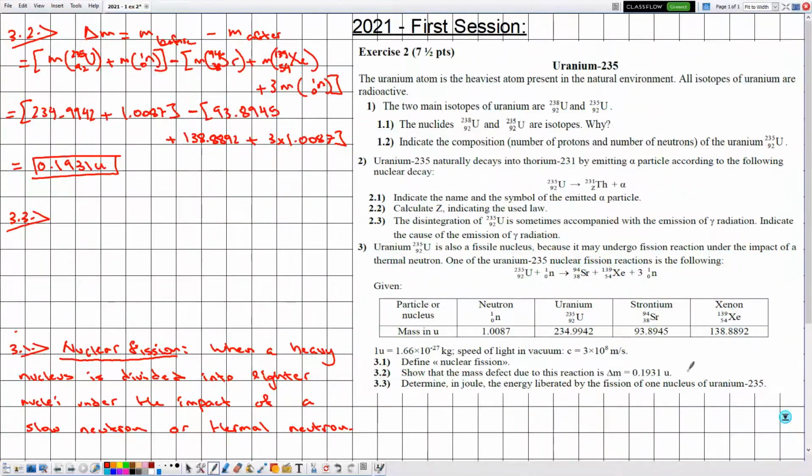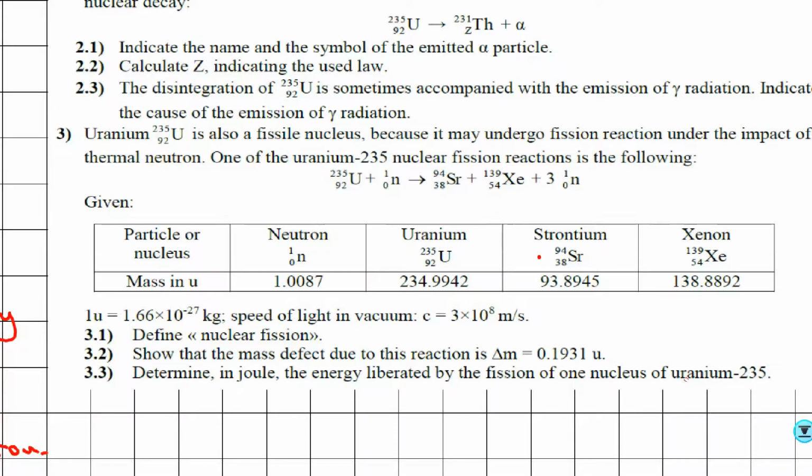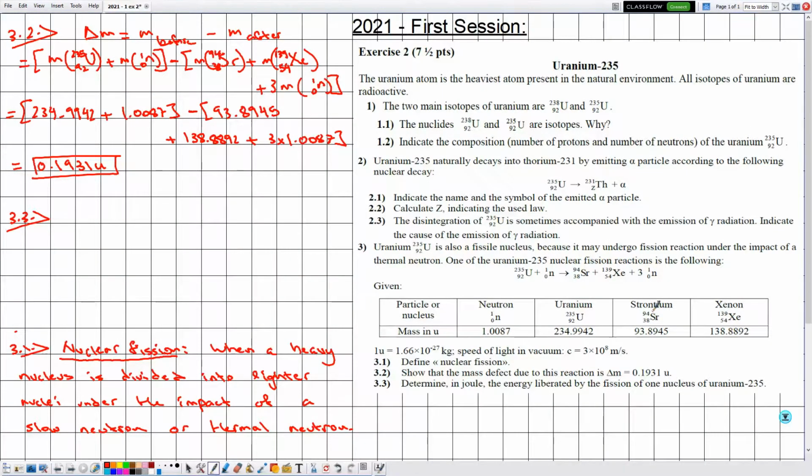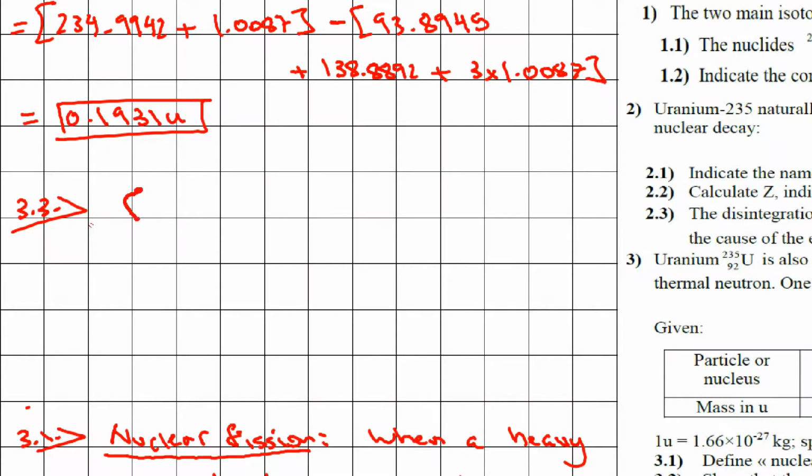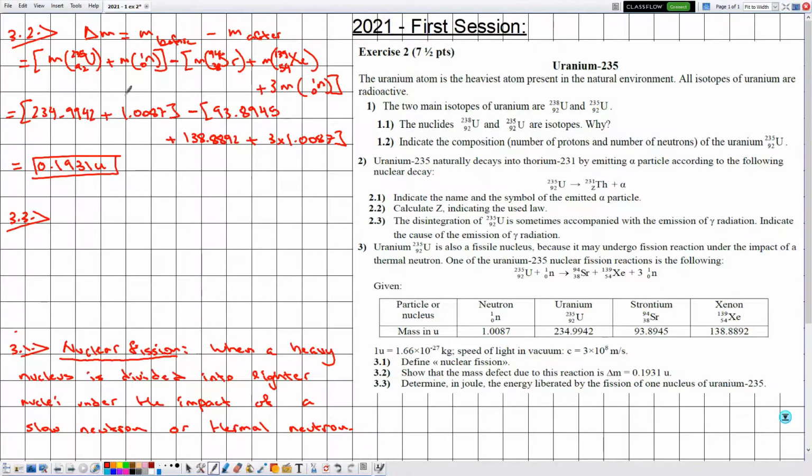So actually we need to determine the energy liberated due to this mass, and this can be done using the mass energy equivalence. So our formula is E equals delta m c squared. But before doing so, let's convert the given mass delta m to the SI. Then we know that delta m is 0.1931 U, and we know that each atomic mass unit is given by that.